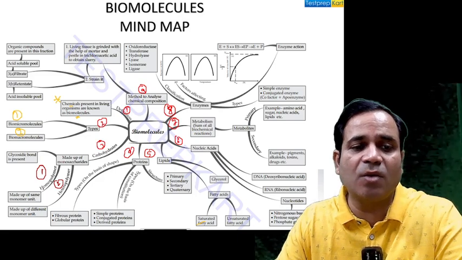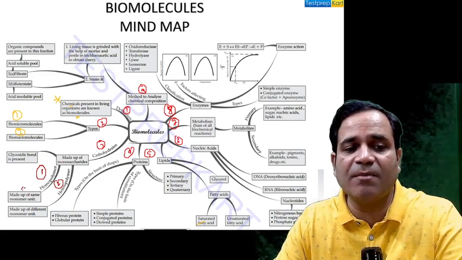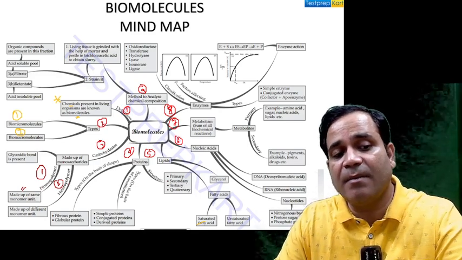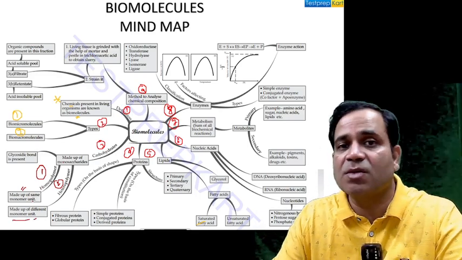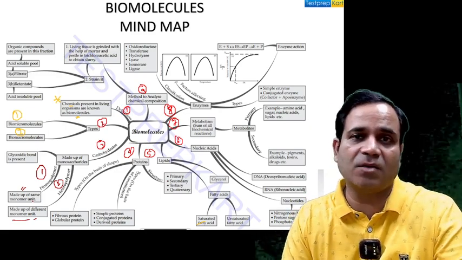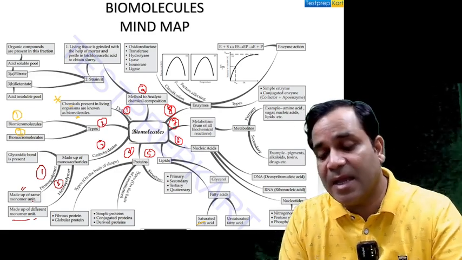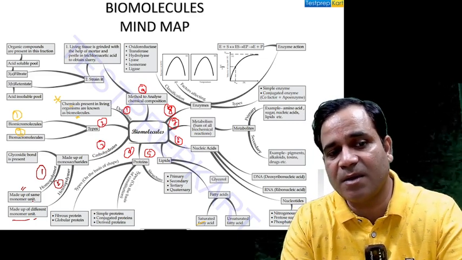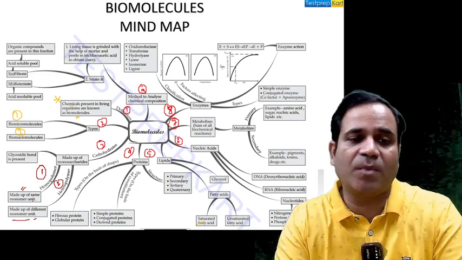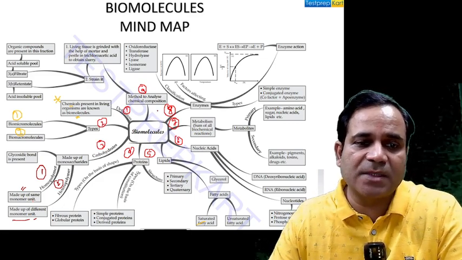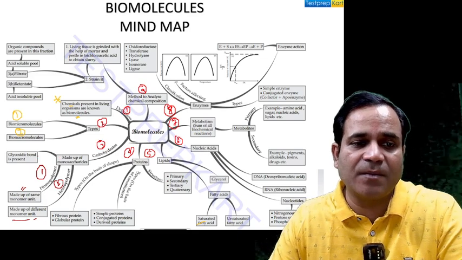So if I am saying homopolymer, it is made up of the same monomer unit, and when I say heteropolymer, it means made up of different monomer units. If different monomer units unite together, it is known as heteropolymer. If the same monomer units unite together, then it forms what? Homopolymer. Now see here, made up of monosaccharides.